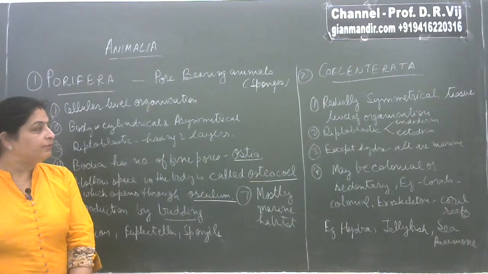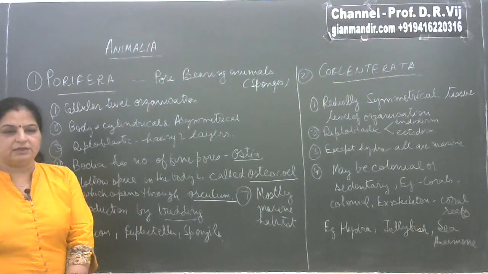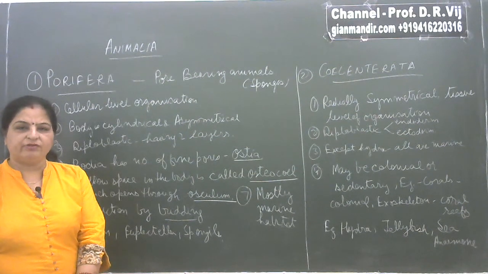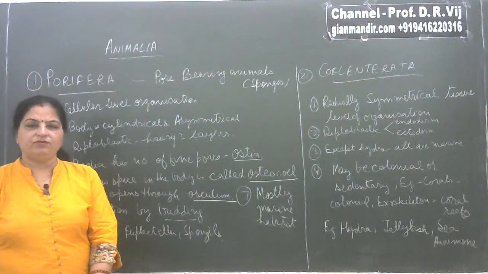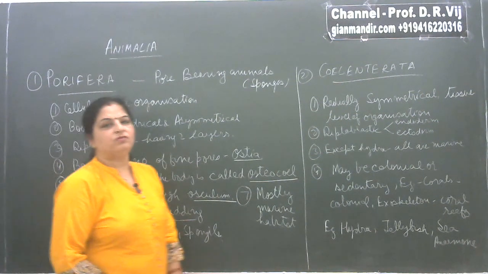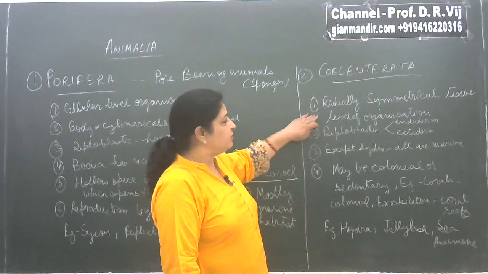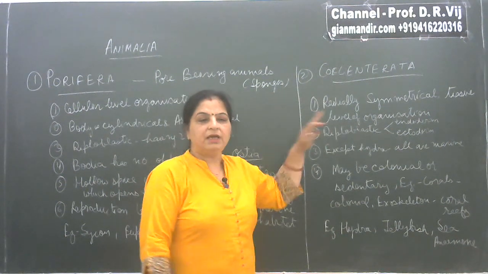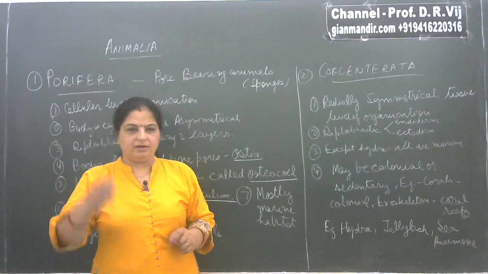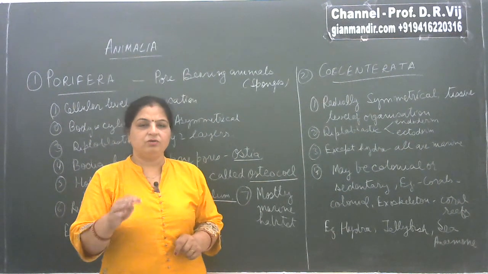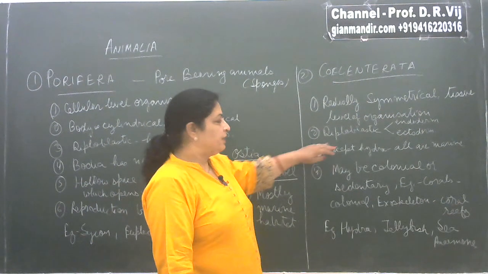Coelenterata are the animals that have a tissue level of organization. The body structure has become a bit more complicated. As you have seen in Porifera, the organization level was cellular level organization. So here it is tissue level organization, and the body is radially symmetrical. Radially symmetrical again means that we can cut the body into identical halves along any axis.